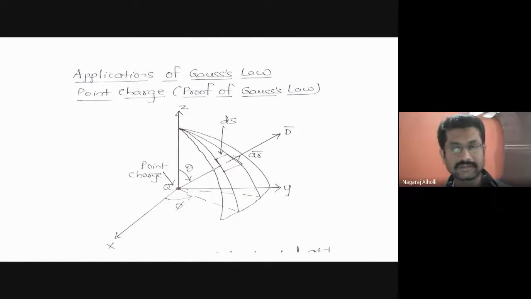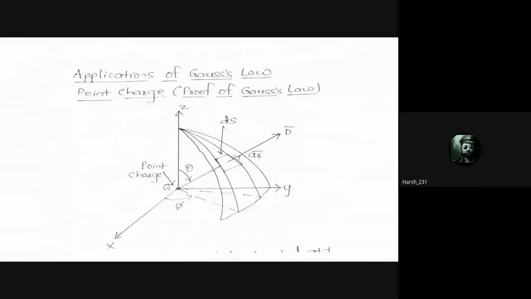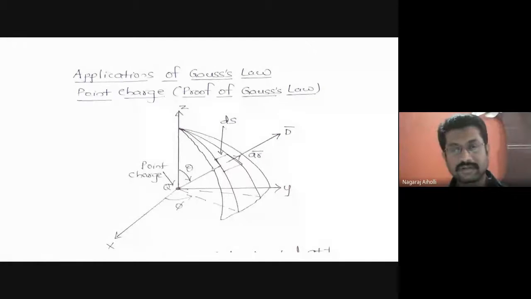Yes, 0 to? Sir, 90. 0 to 180, half angle. One full complete revolution is 360 degrees. Half of that will be 180. 0 to pi or 0 to 180 degrees. Is it not?